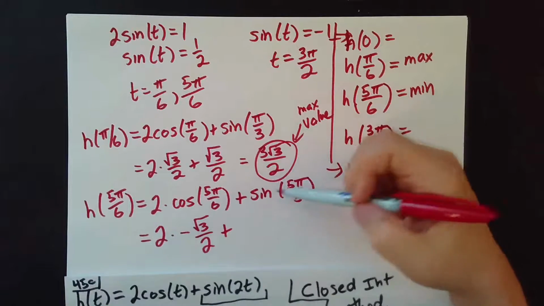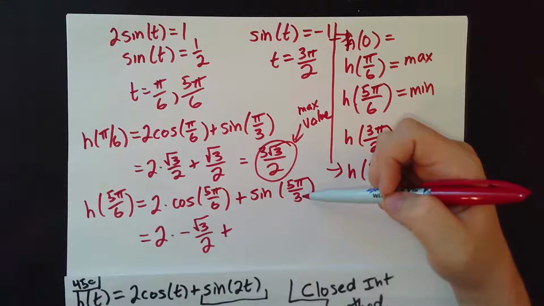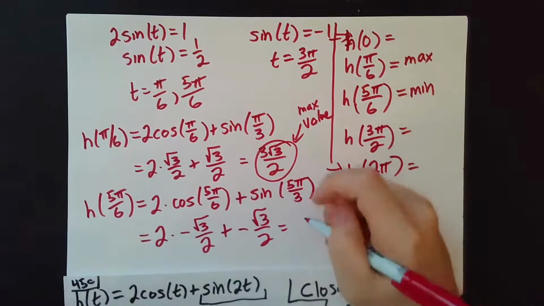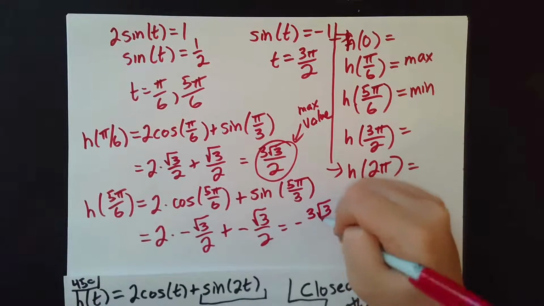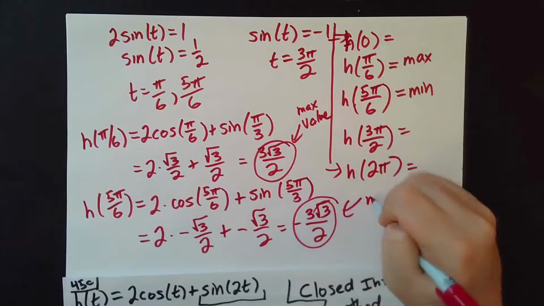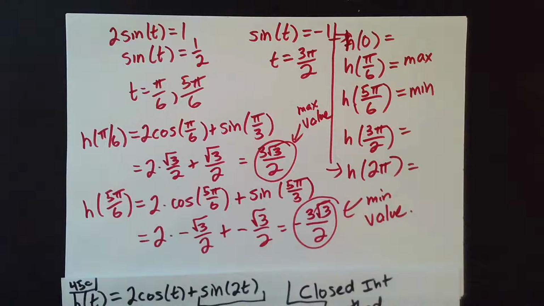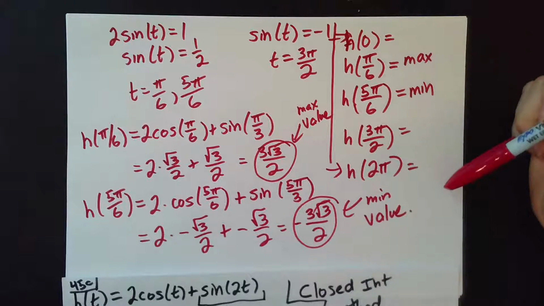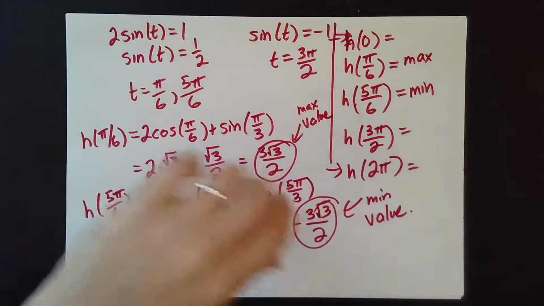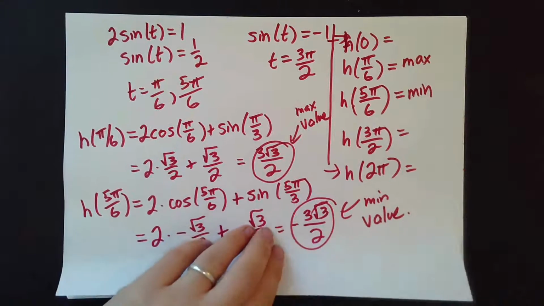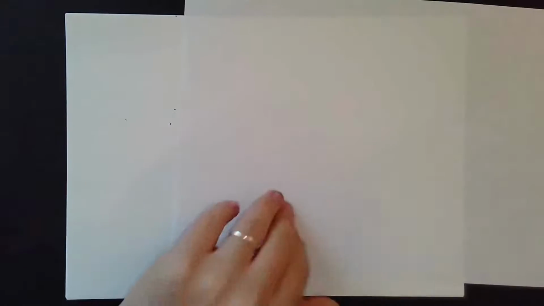Plus, and then the sine of 5 pi over 3, that is minus root 3 over 2. And so the min value here is minus 3 root 3 over 2. Okay, so that's what those questions look like when you end up using the graph to help you with the very last step. Okay. Let's do 46C next, but I'll pause just in case there's any questions.